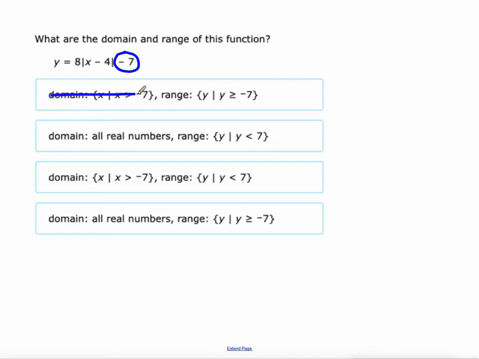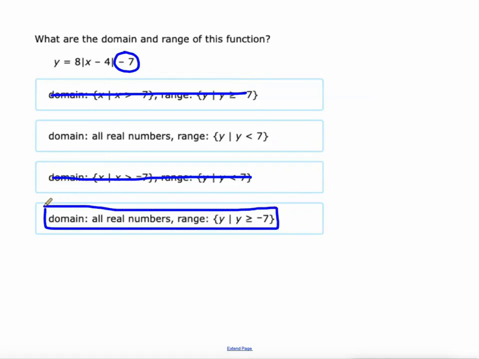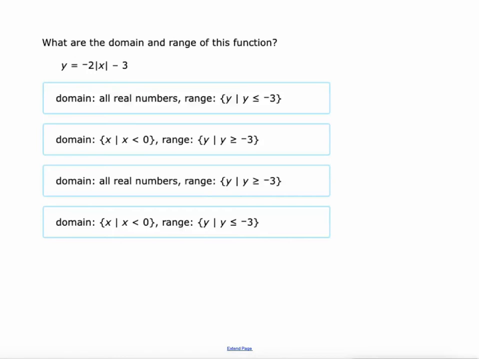So first of all, let's get rid of these ones that don't have all real numbers for the domain, because we know the domain is all real numbers. And then it's going to be greater than or equal to negative 7. All values of y greater than or equal to negative 7. Negative 7 is the smallest output we can get, and from there it'll go up.